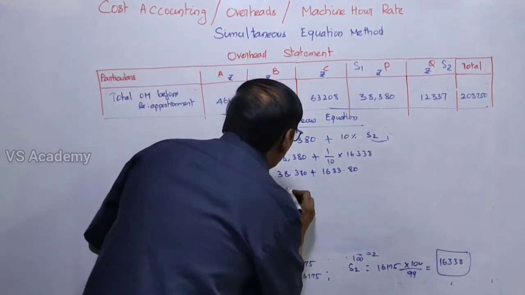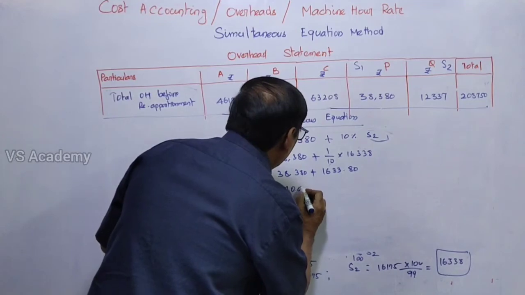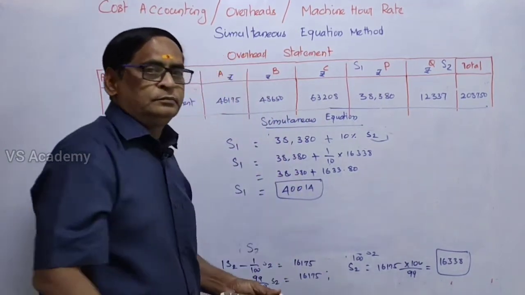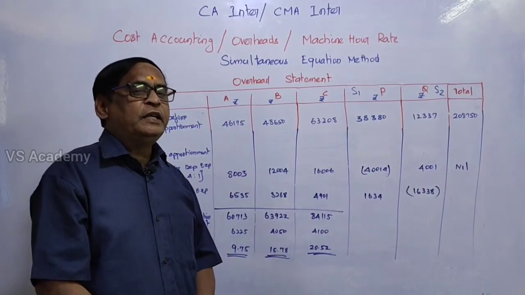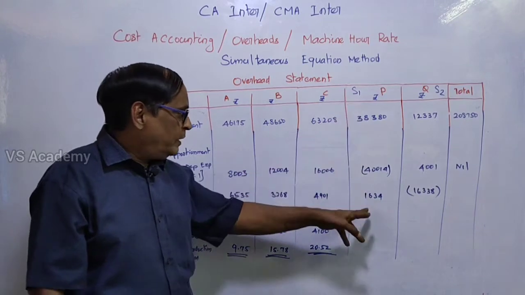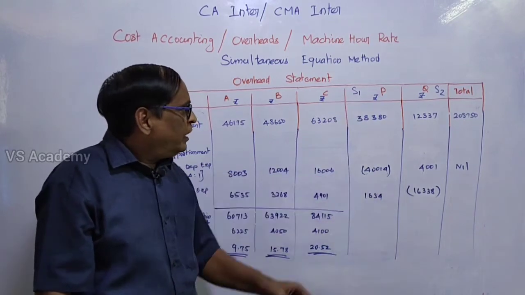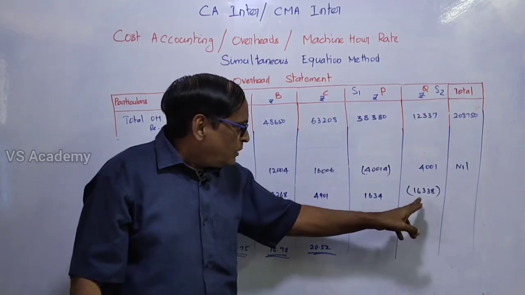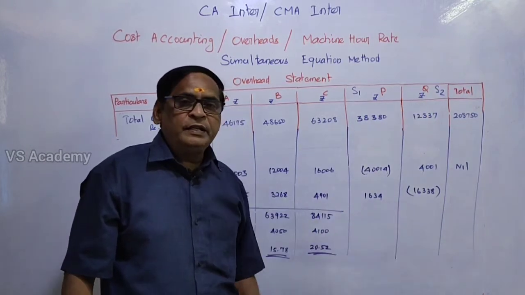So 40,014. This is the amount for S1. As per the simultaneous equation method, we have found the overhead for service department S1 as rupees 40,014, and the overhead for service department 2 as rupees 16,338.